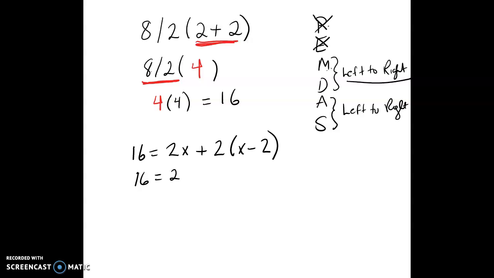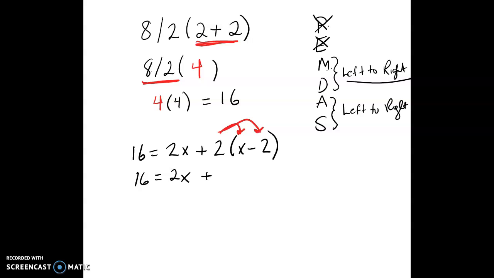So the first thing I need to do is to distribute. I can't do anything in the parentheses because the x is an unknown quantity. So I can't subtract 2 from an unknown quantity. What you do when you're solving is you first distribute.